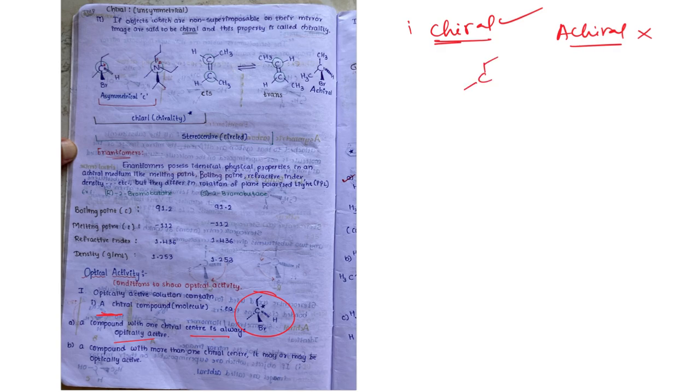Then always optically active. Keep in mind, always optically active when one chiral center like this is present. Next one, a compound with more than one chiral center may or may not be optically active. So why it may not be optically active, we'll see in the examples.